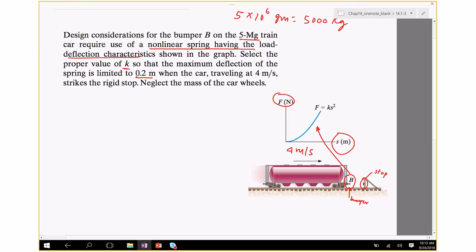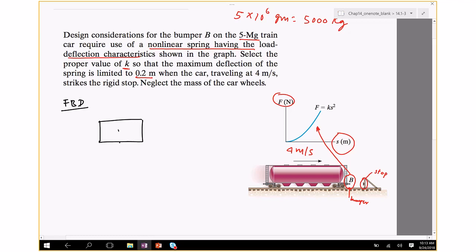So first of all, when you see any problem involving forces, I highly recommend you draw a free body diagram, because that's one way you can score partial points very easily. A couple of things: what's the force due to gravity?